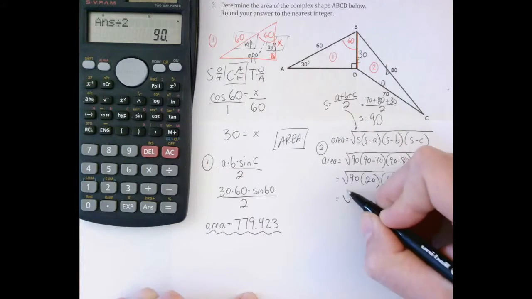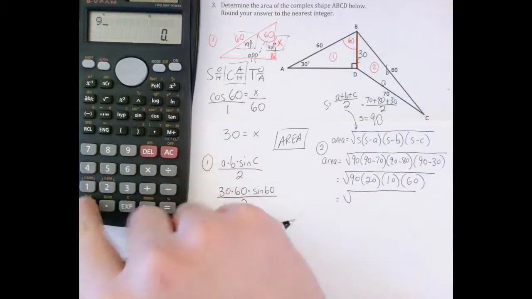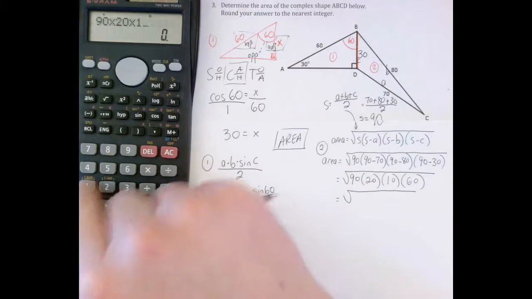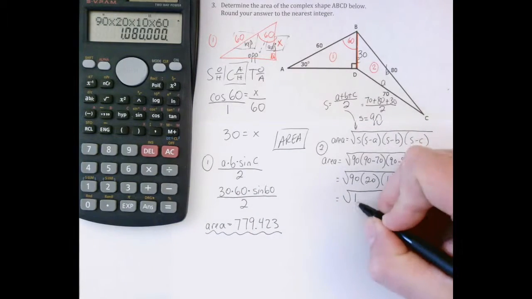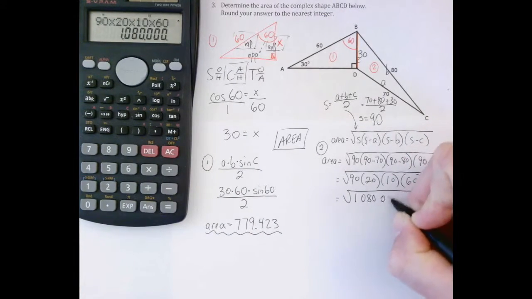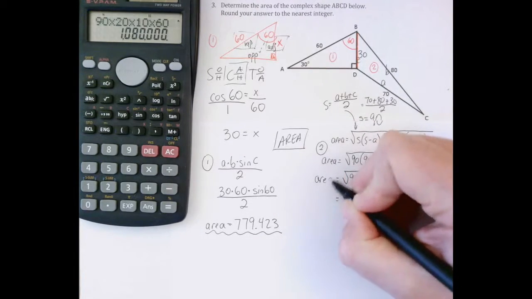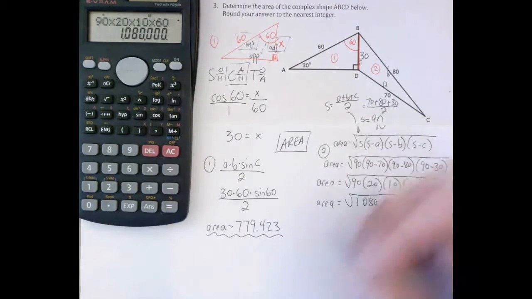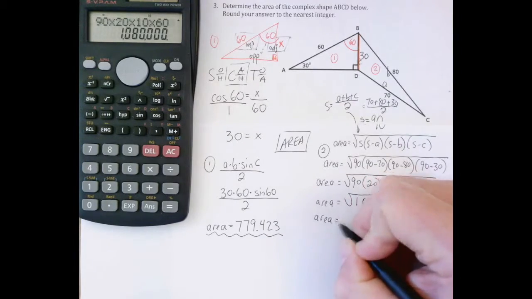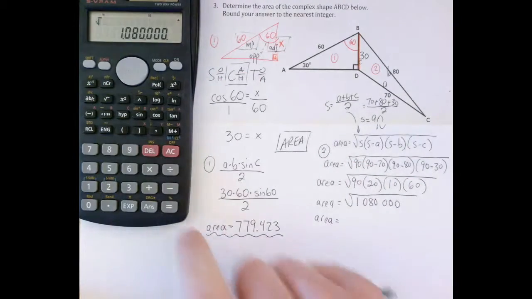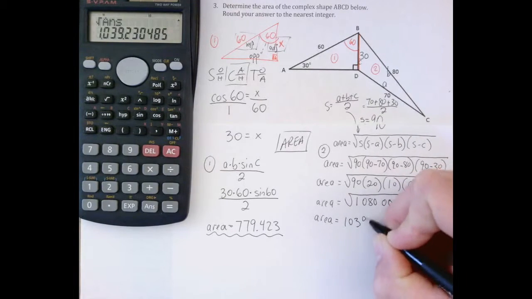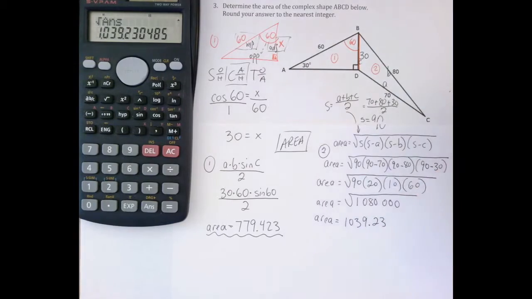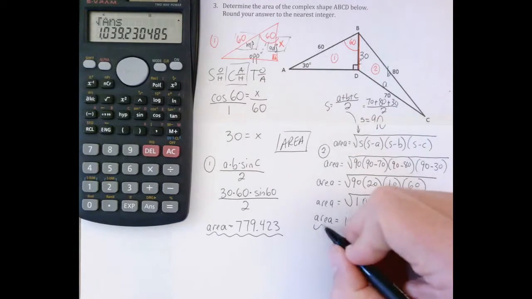I've got to carry out these multiplications before I can take the square root. So that's 90 times 20 times 10 times 60. That gives me 1,080,000. And that, square rooted, equals 1,039.23. I wasn't given a unit of measure, so these are just in units for now.